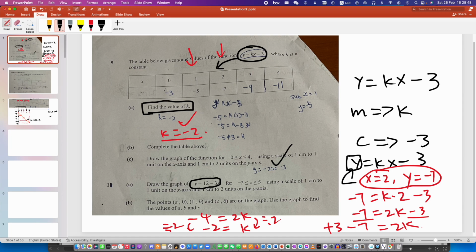Always start from the middle. So write down x, 1 cm to 1. Do the 1 cm to 1 first.